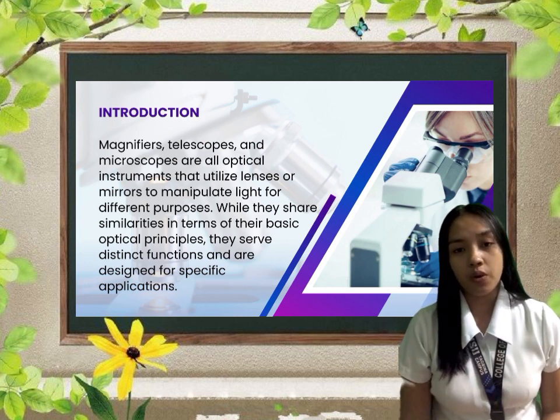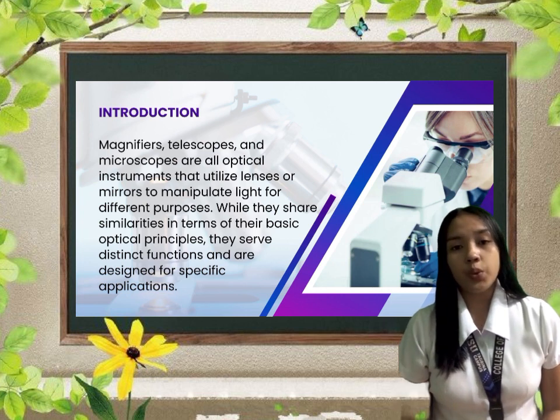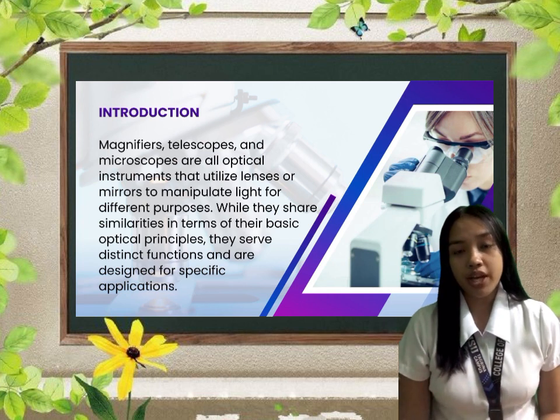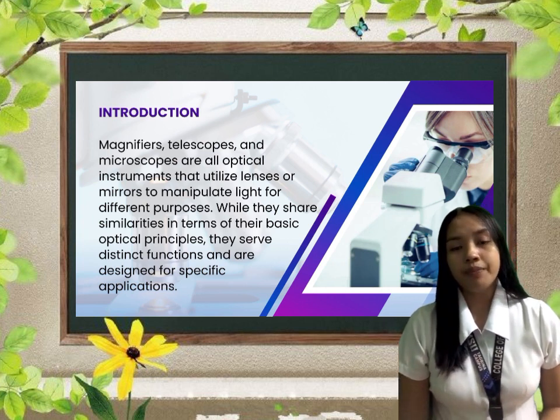specific applications. So, the similarity of telescope, microscope, and magnifier lies in their shared purpose of manipulating light to enhance visibility and provide data observations, but they are designed for different applications and skills of observation.